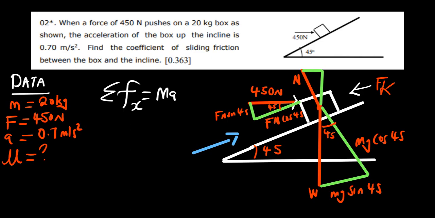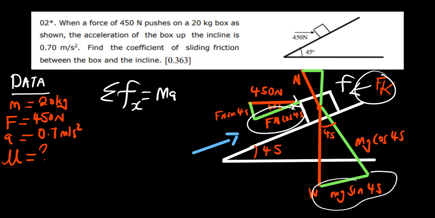Now when we summate what we have, if we take coming this side as negative and going the other side as positive, what are we going to have? You're able to see that Fn cos 45 is going in that direction, so it is positive. We've got our Fk, or let me say our friction force. Our friction force is going in the opposite direction, so it has a negative sign. There is also this other force that is acting in the x direction, in this direction.